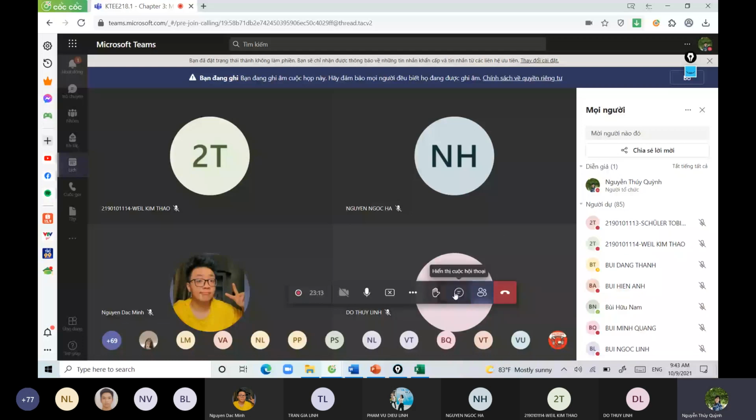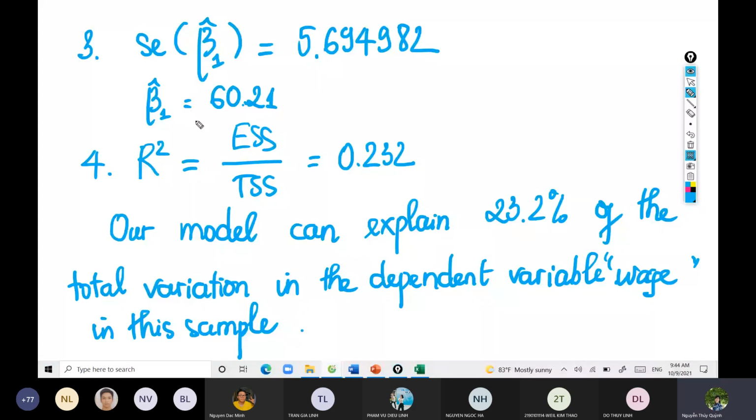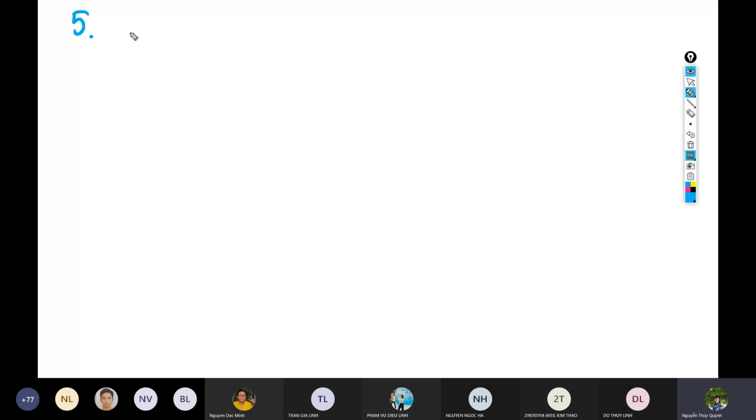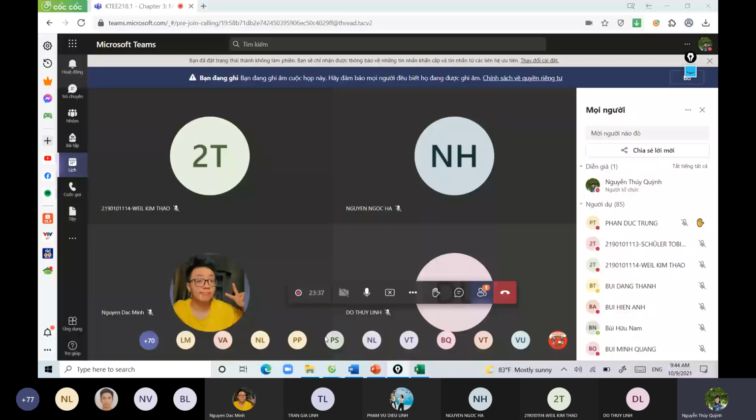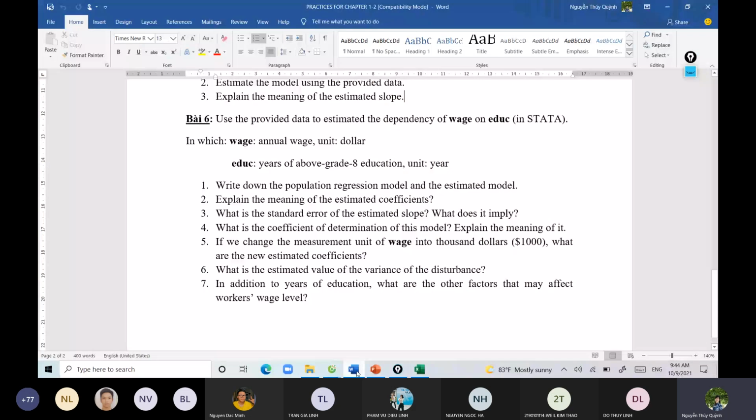Okay, Đức Trung, right? For question 5, the question here is: if we change the measurement unit of wage into $1,000, currently it is dollar, what are the new estimated coefficients?